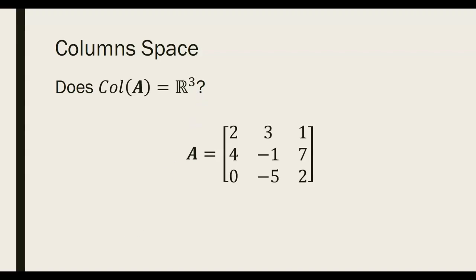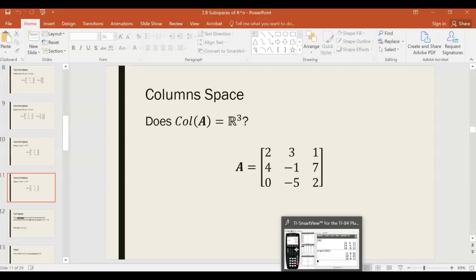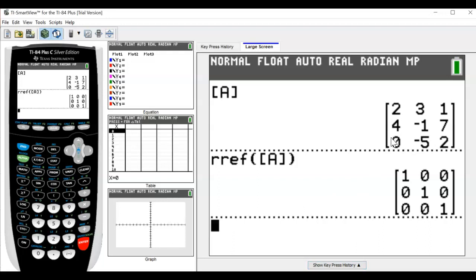And the way to look at that is to just go to our calculator. I plugged in our matrix. When we row reduced, notice that I got a pivot point in each row. So because I have a pivot point in each row, no matter what B I choose here, I'm going to be able to get a solution.